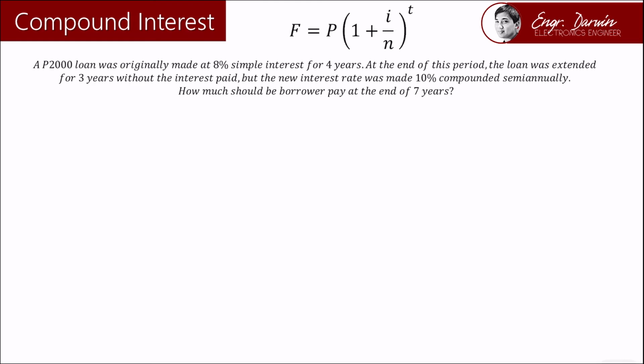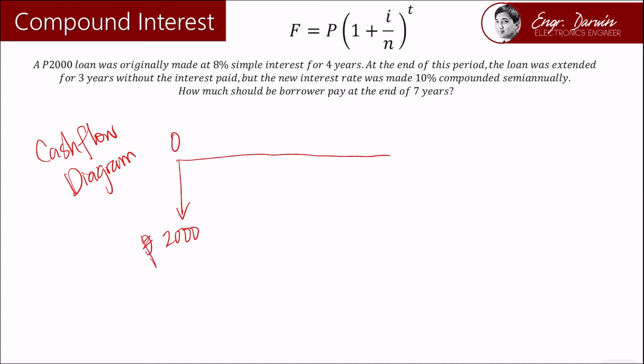So again, we need to have what you call a cash flow diagram for us to imagine what happened on this 2,000 peso loan. Okay, so let's start with the loan amount at year 0. For the next 4 years, this is exposed on 8%, but it's not compounded. It has a 8% simple interest.